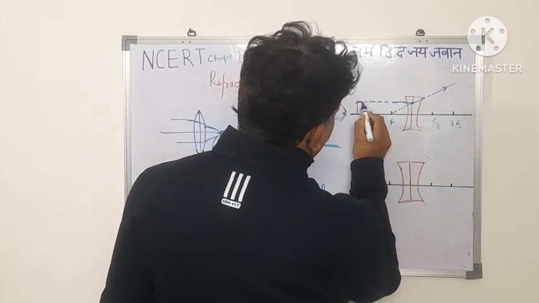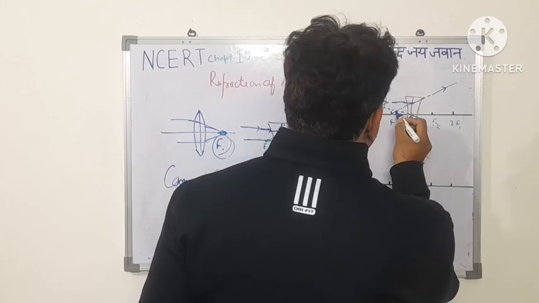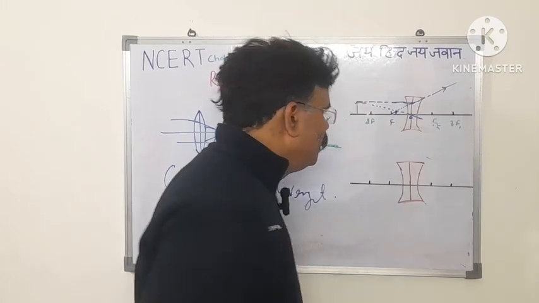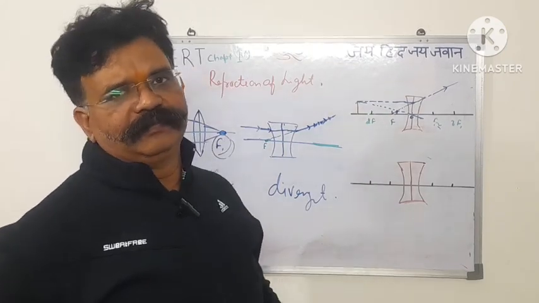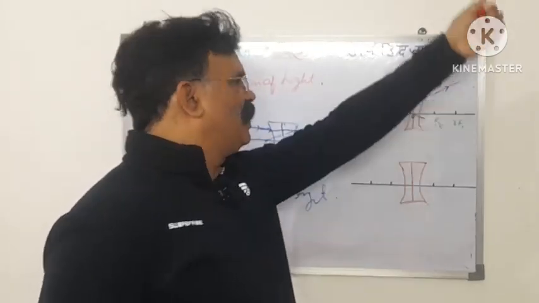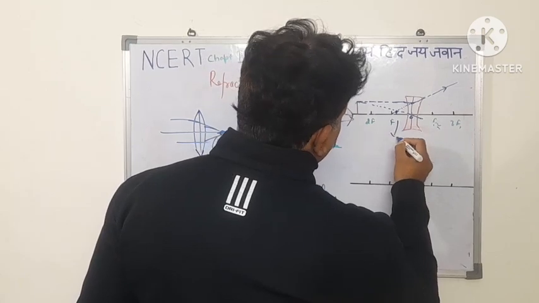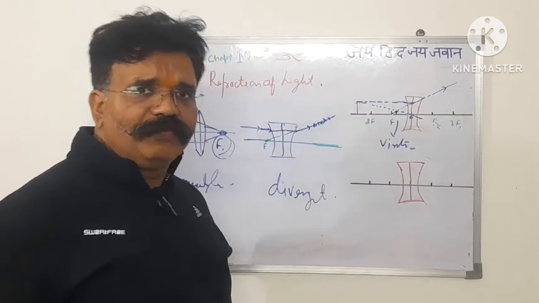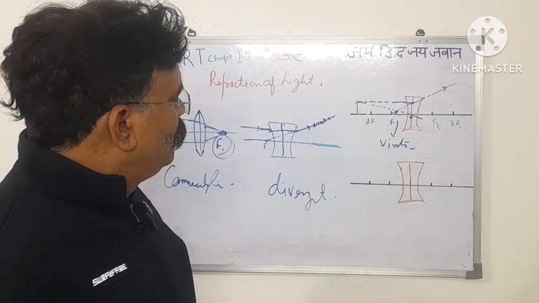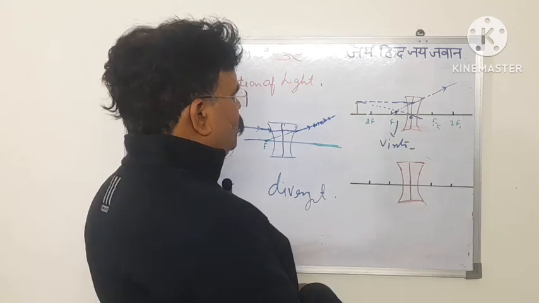Another line we use passes through the optical center. Here these two are crossing, but they are crossing imaginary, because the first ray was diverted outside. We have drawn an imaginary line. So here only a virtual image will form, as the two rays are not really crossing each other.